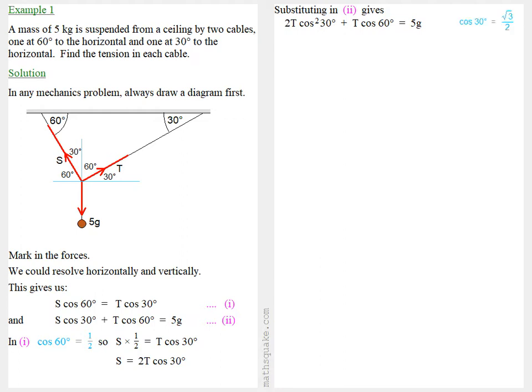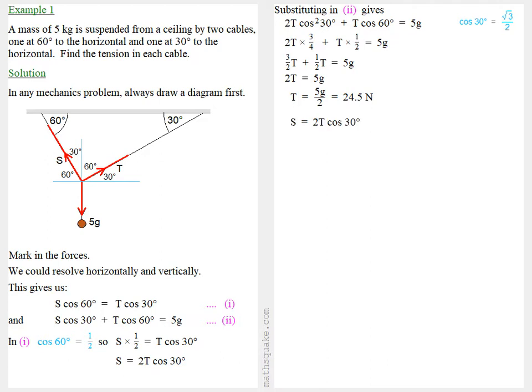But cos 30 is root 3 over 2, so cos squared 30 is 3 over 4. So this gives us 2T times 3 over 4 plus T times a half equals 5g. That's 3 over 2 T plus a half T equals 5g, or just 2T equals 5g. So T is 5g over 2, which is 24.5 newtons.